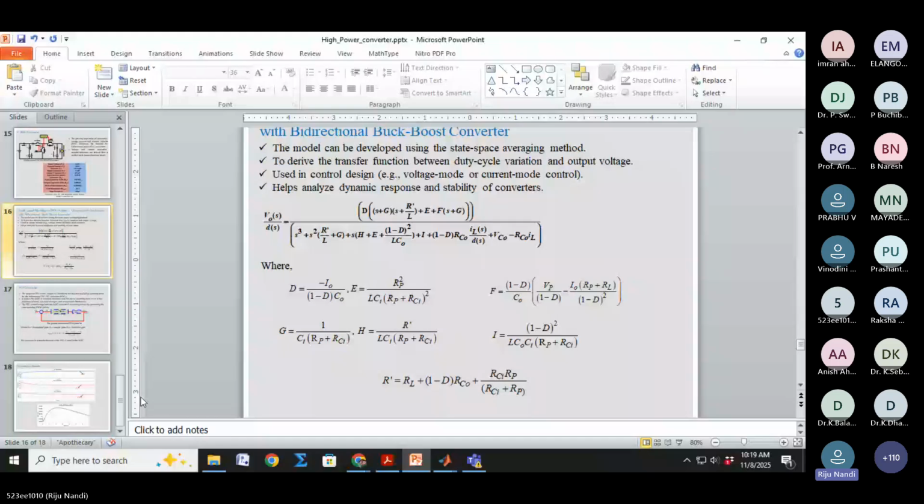Circuit averaging takes a little less time because it is short, but the small signal modeling part is bigger. You can use both, for any converter: buck converter, boost converter, Cuk, anything. You have to derive the V0 by D equation using small signal modeling and also the circuit averaging technique.